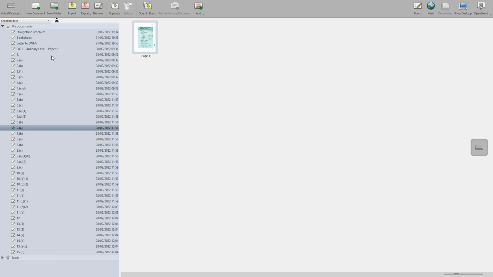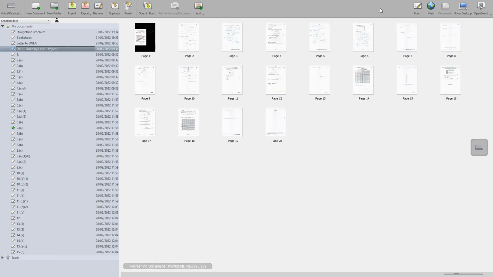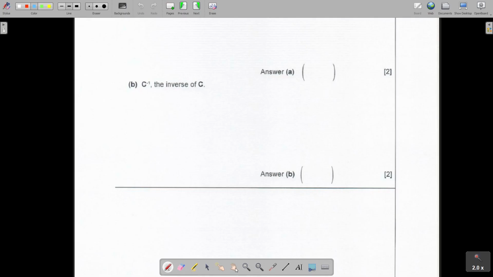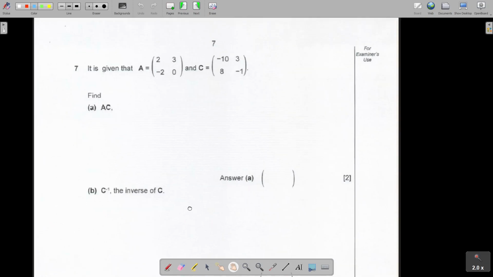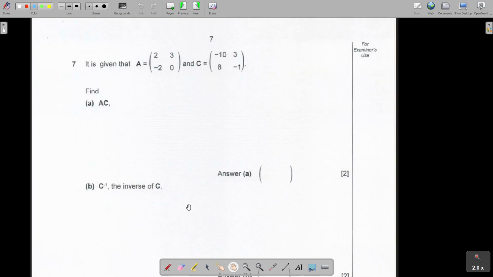So if I go back to the question, here it is. Okay, so AC. Now, as I said, I prefer that we write it next to each other, and then I'm just going to do all the calculations. And then it's -10 and 8 and 3 and -1.